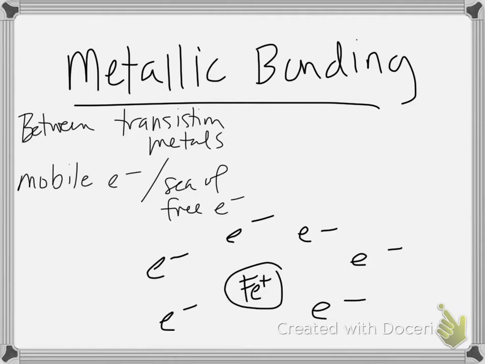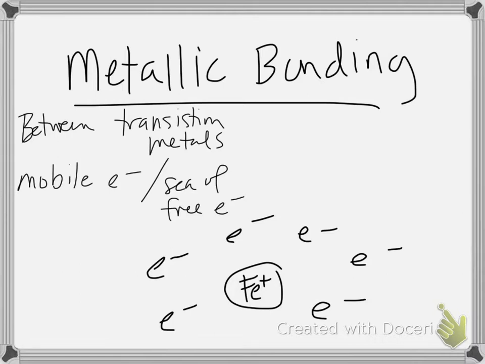Basically, once they start leaving that nucleus, when an atom gives up some electrons, what does it become? A cation. It becomes a positive ion. Those little nuclei have lost some of their electrons because they can't keep a leash on them, so they just wander all over the place.